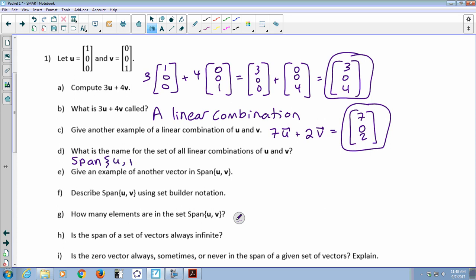The name for all possible linear combinations is the span of u and v. That's where we build a set that contains every possible choice of scalars and adding them together. So give me another vector in the span of u and v.